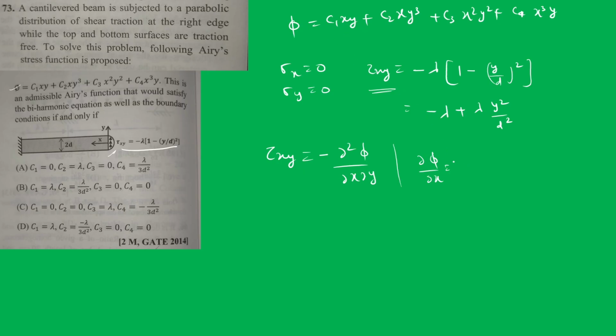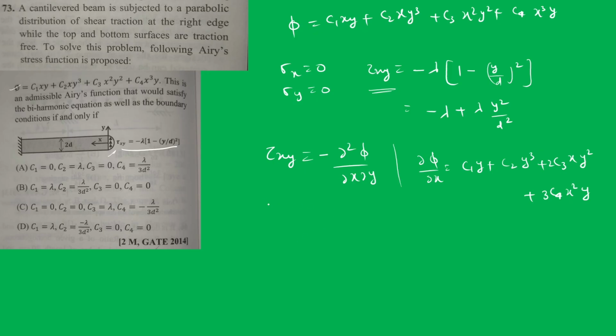Dou phi by dou x is c1 y plus c2 y cube plus c3 twice of x y square plus 3 times c4 x square y.